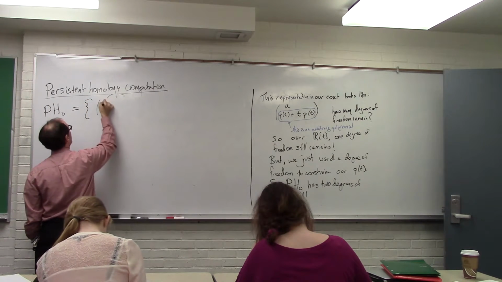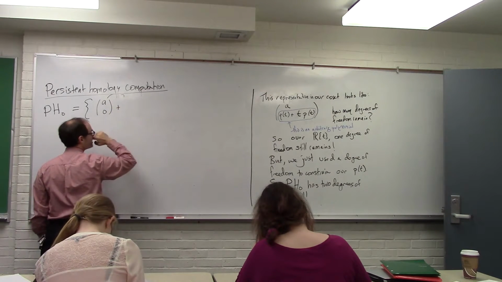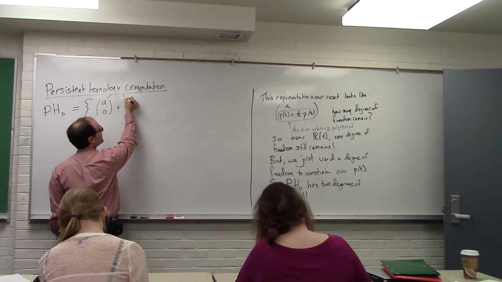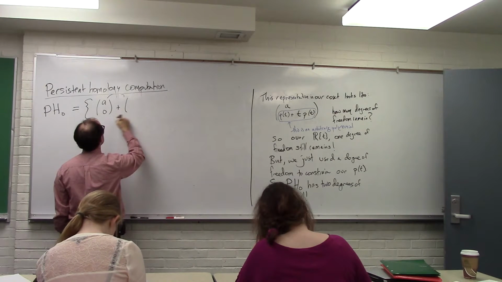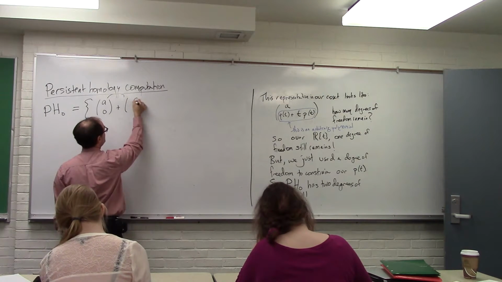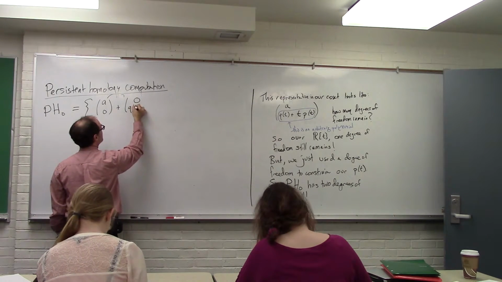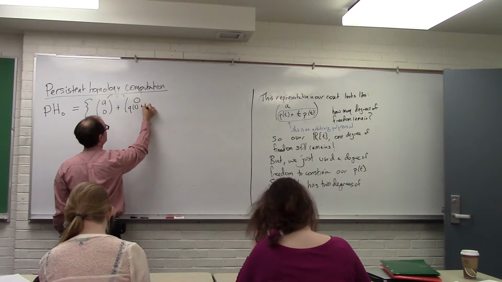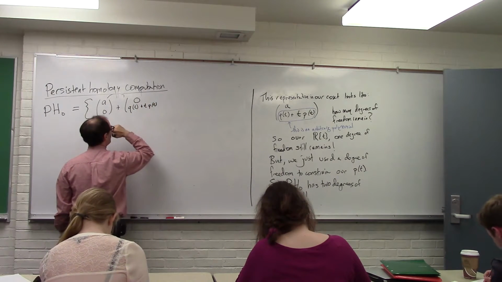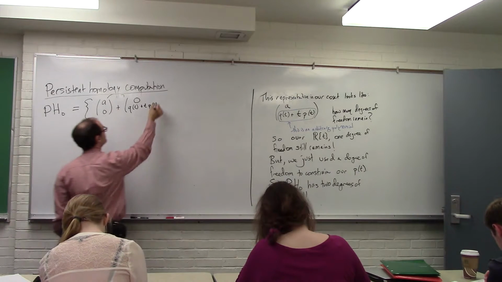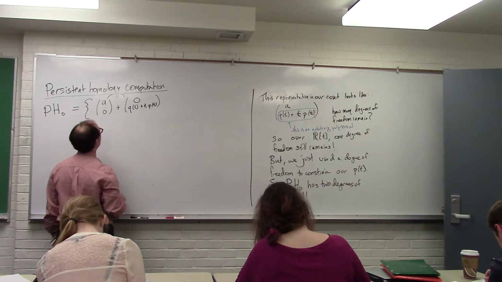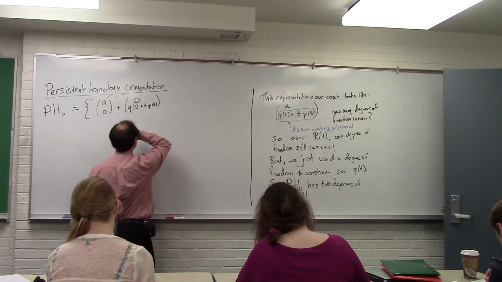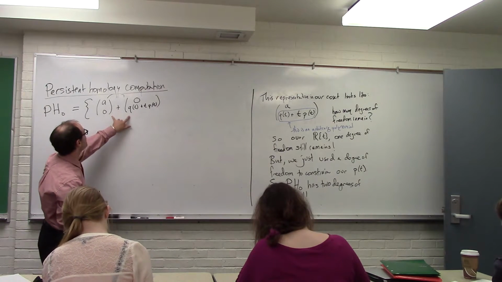Of A0 plus zero, Q of t, T. And then there's still this image floating around, but we've broken up the thing that was in the front.